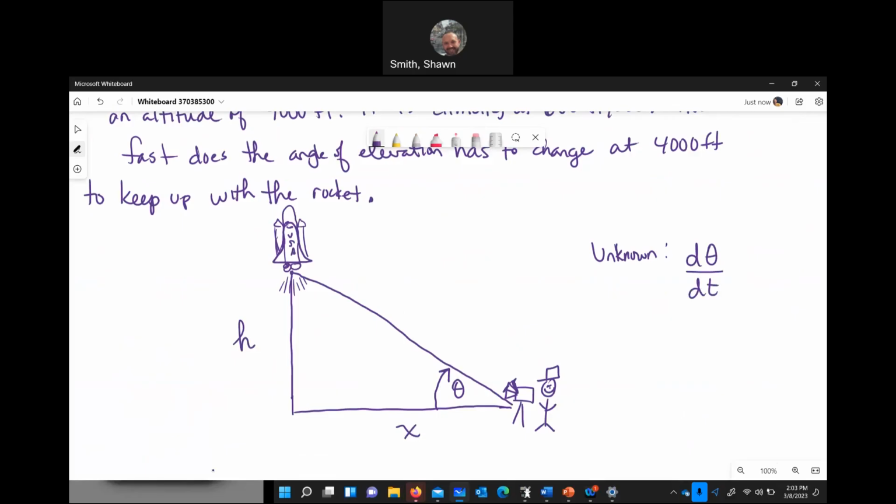We're told in the problem that the rate of change of the height at that 4,000 foot altitude is 600 feet per second, right? So that's dH, the derivative of the height with respect to time, is equal to 600 feet per second.